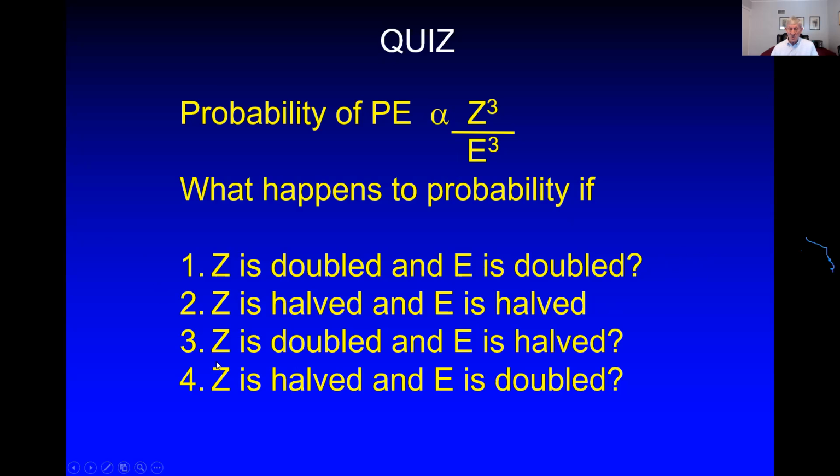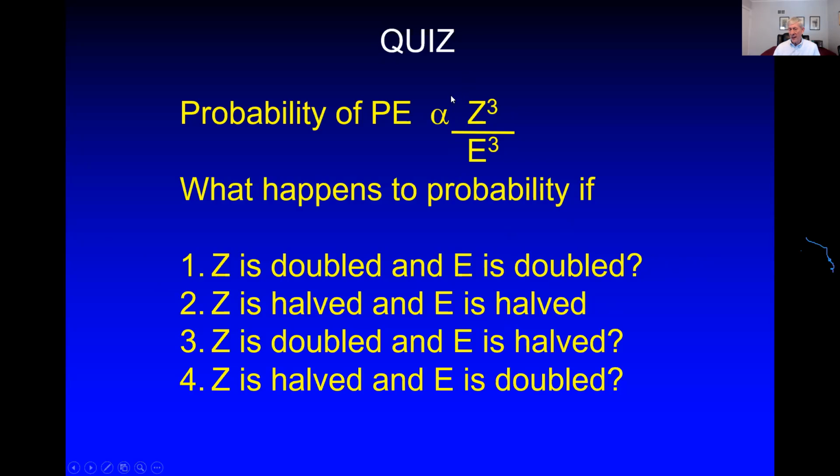But let's look at the others. If you double Z and halve E, then what's going to happen? Is it going to go up or down, and by what factor? If you double Z, that's going to be 2 cubed. If you halve E, that's going to be 1/2 cubed.